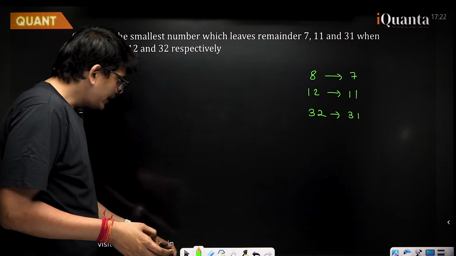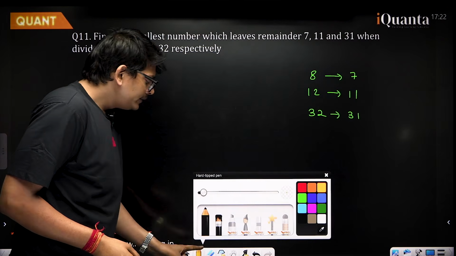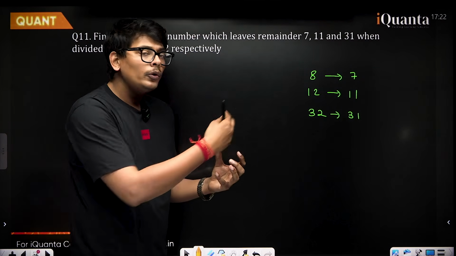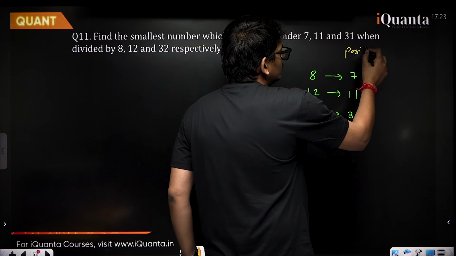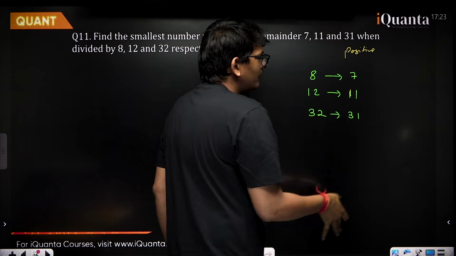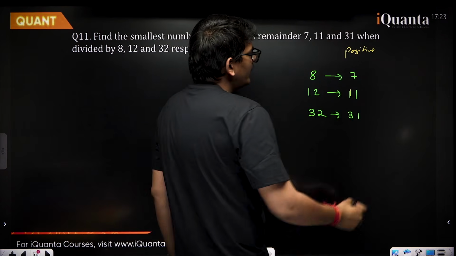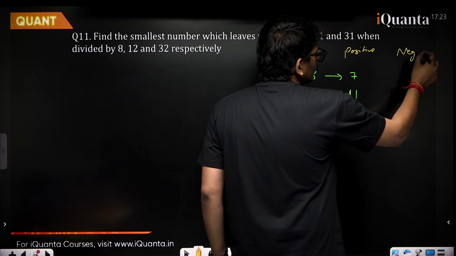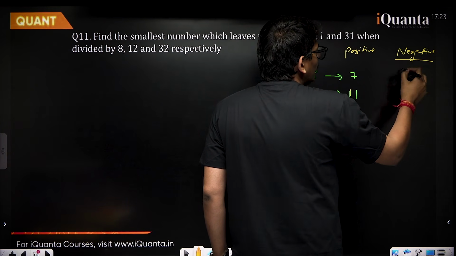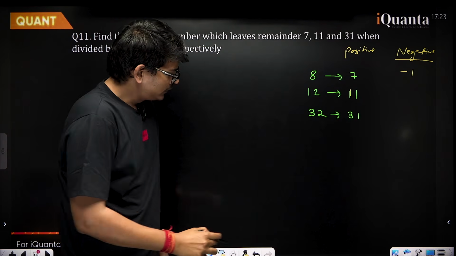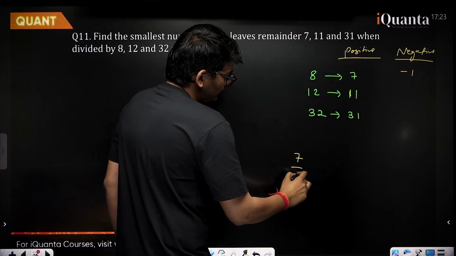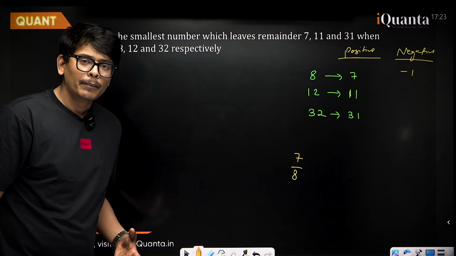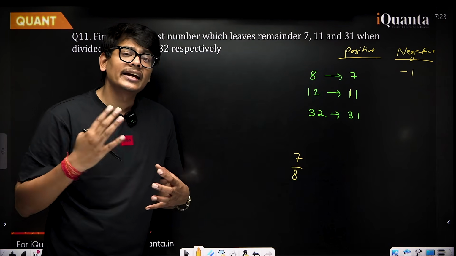So whenever you get different remainders, just go to the negative remainder. So if the positive remainders are 7, 11 and 31, what will be the negative remainder? -1, because 7 is being divided by 8. So 7 has 7 extra.